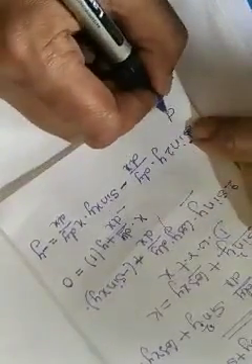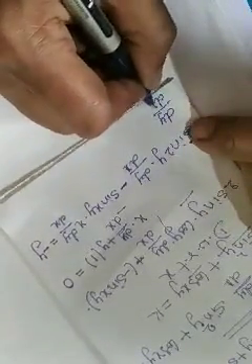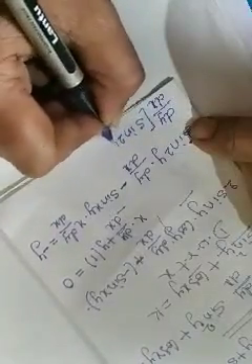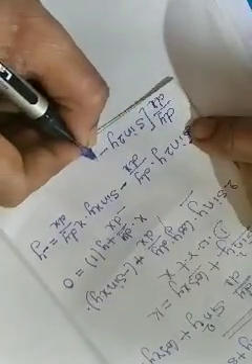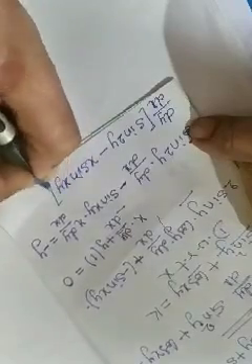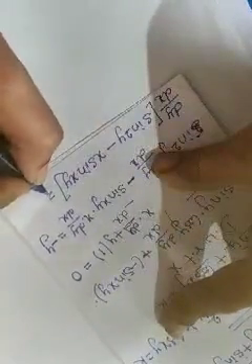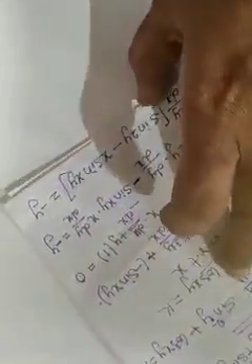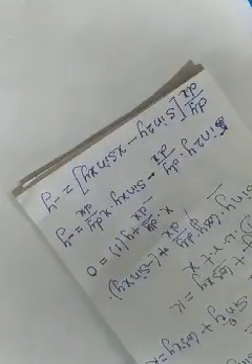Take out dy by dx common. Sin 2y minus x into sin xy is equal to minus y.